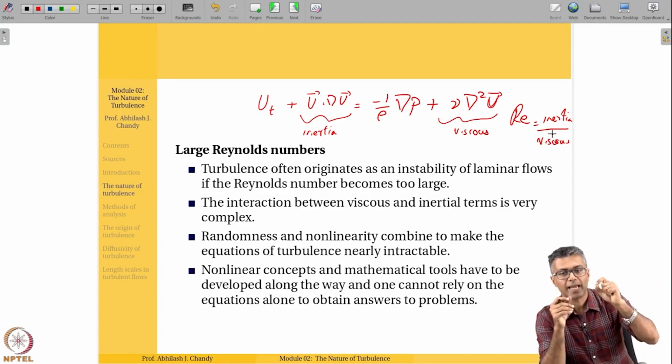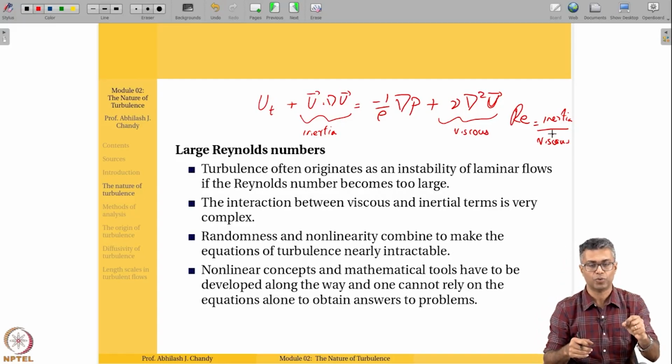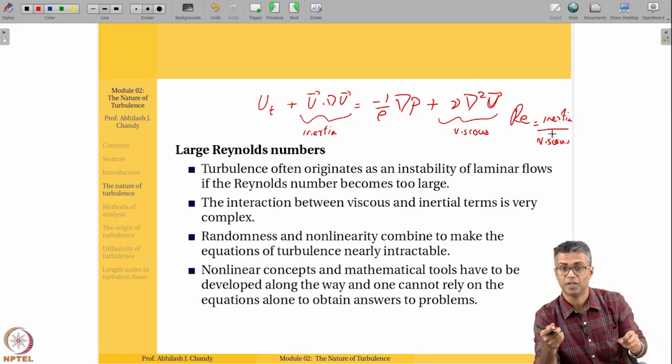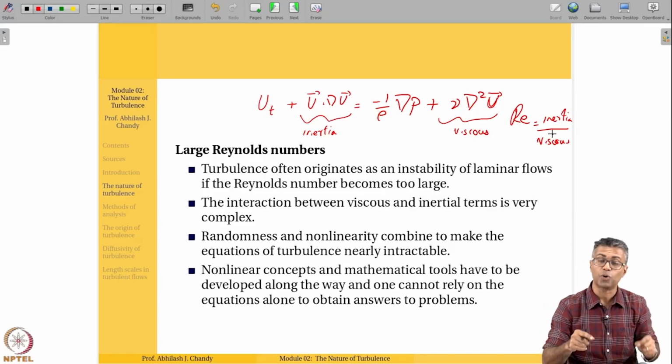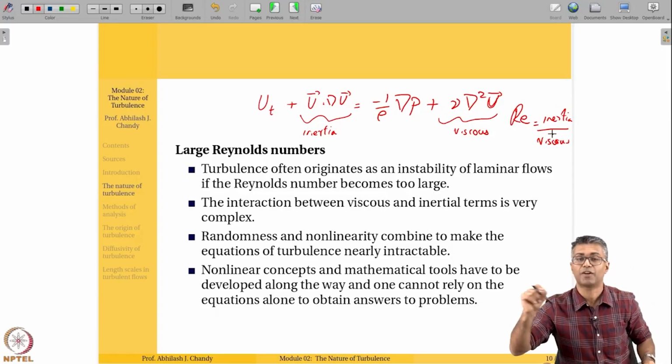Okay, so this occurs, and this is leading to the method of analysis and the origin of turbulence as well. It originates as the instability of laminar flows starts propagating if the Reynolds number is large. If the Reynolds number is low, there is no mechanism for that instability to propagate further.